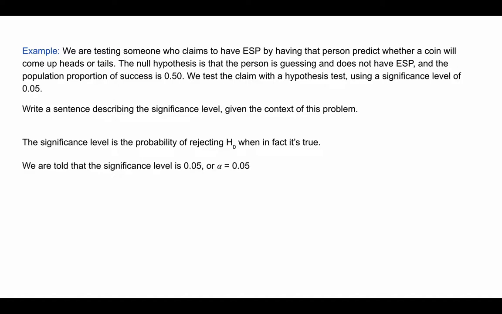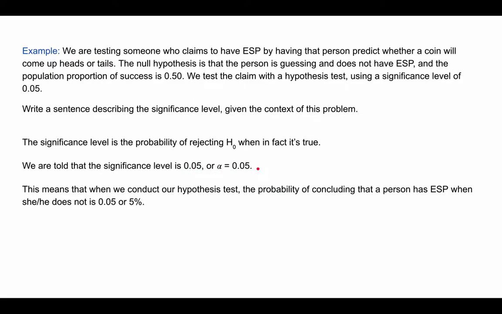We're told the significance level is 0.05 or alpha is 0.05. This means that when we conduct our hypothesis test, the probability of concluding that a person has ESP when he or she does not is 0.05 or 5%. So if we conduct our test, the probability that we're going to make a mistake and conclude that a person has ESP when they actually don't is 5%.